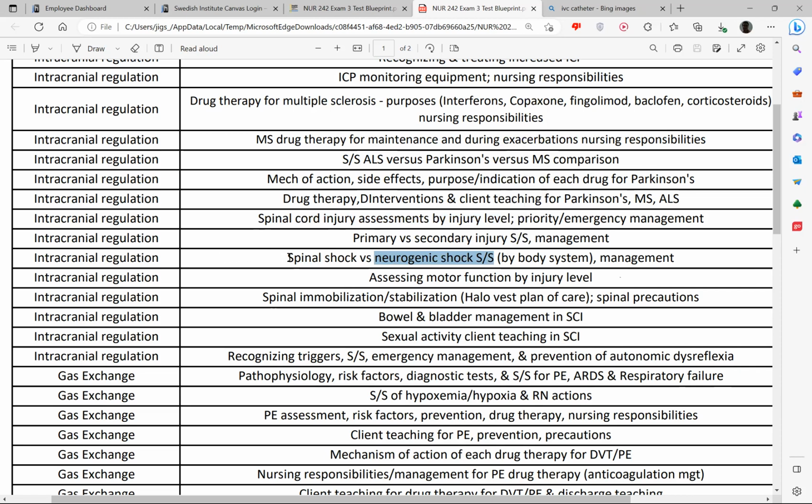So for neurogenic shock management, what is the first choice? Rapid response, just like any other life-threatening emergency. Remember how you manage compartment syndrome? What was your first action also? Again, what's the first action? Call rapid response.